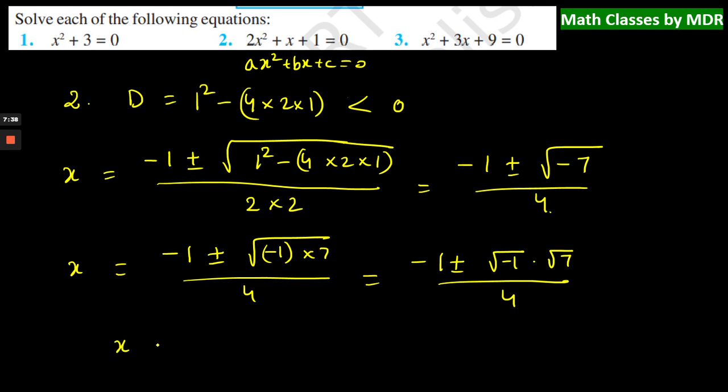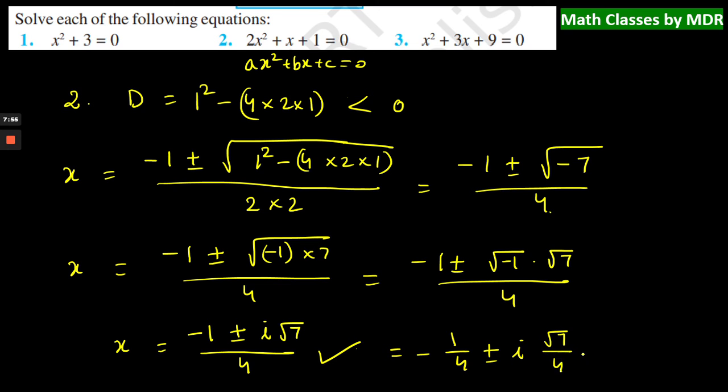Therefore, x is equal to minus 1 plus or minus i root 7 by 4 are the roots of it. In other words, you can write it as minus 1 by 4 plus or minus i root 7 by 4, also fine. It has two roots, both are complex numbers.